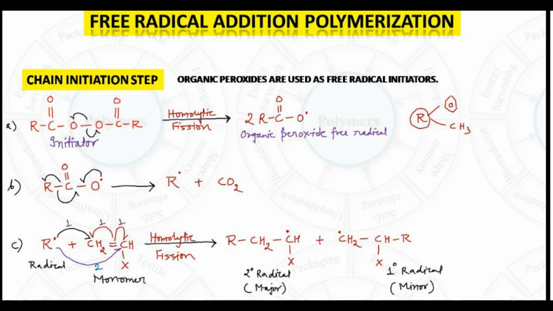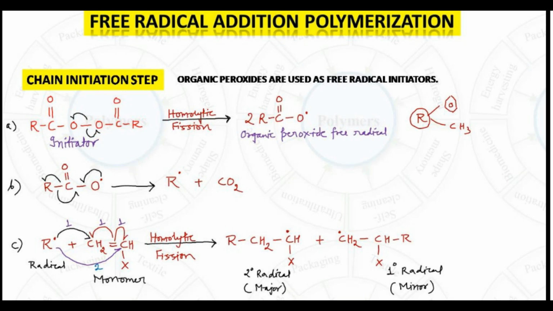This organic peroxide will undergo homolytic fission under the given conditions for the polymerization, and it will break like that. See, this covalent bond is nothing but a pair of electrons. So it undergoes homolytic fission, and one of the electrons will move onto this particular oxygen atom, and the next electron will move onto the other oxygen atom.